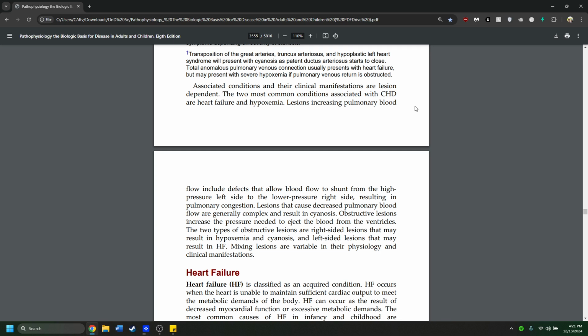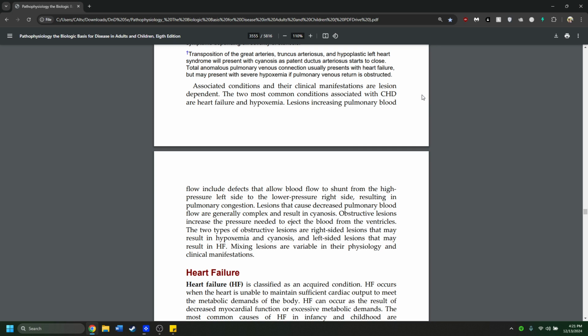Lesions that cause decreased pulmonary blood flow are generally complex and result in cyanosis. Obstructive lesions increase the pressure needed to eject blood from the ventricles. The two types of obstructive lesions are right-sided lesions that may result in hypoxemia and cyanosis, and left-sided lesions that may result in heart failure. Mixing lesions are variable in their physiology and clinical manifestations.